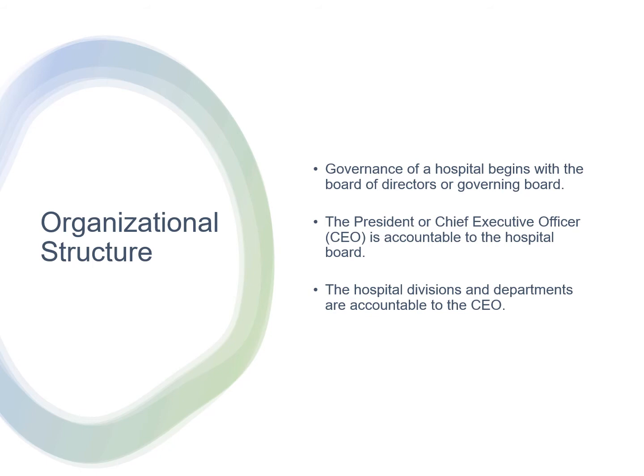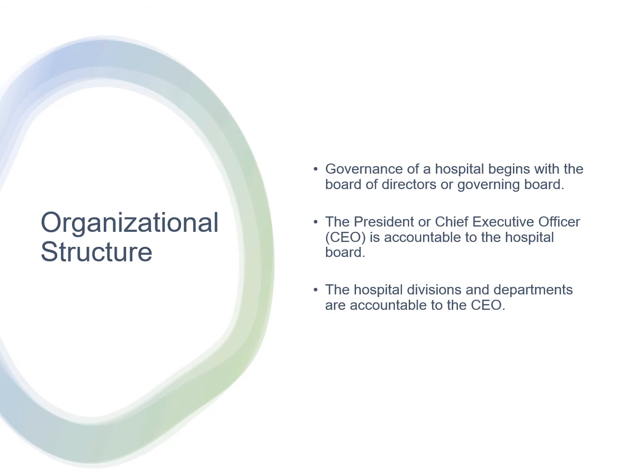And then underneath the CEO, all the different divisions and departments are going to line up to or answer up to in the chain of command to the CEO. The CEO of a hospital is going to have usually a background in business management, things like that.